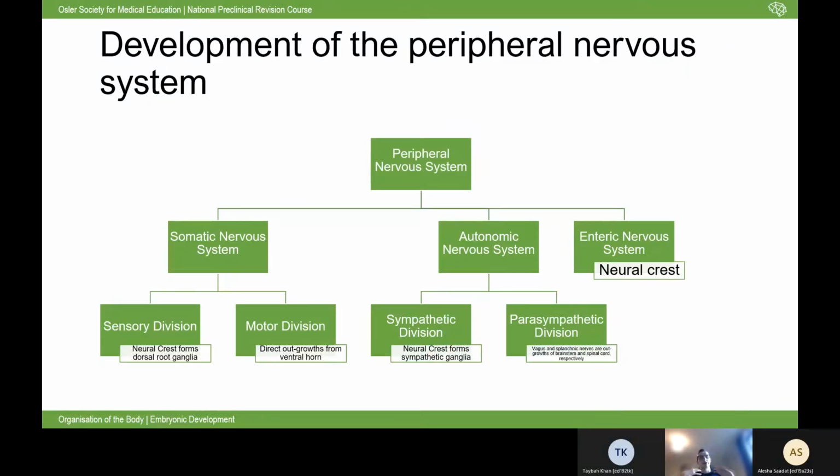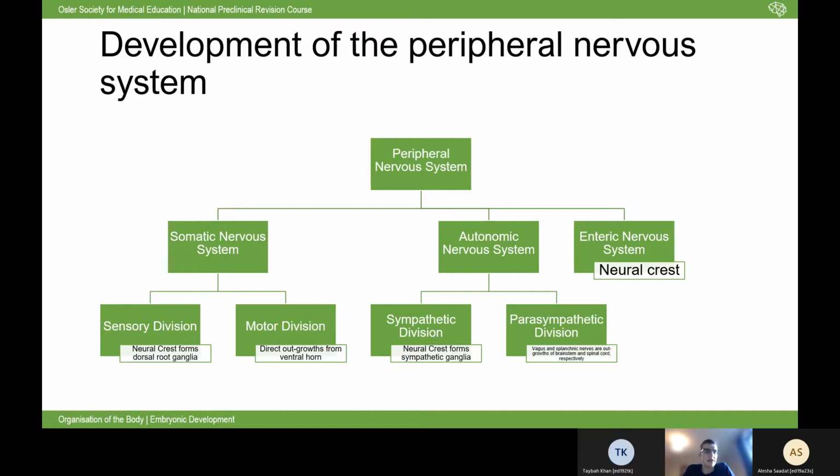Thinking in this area again, I would invite you to think about where peripheral nerves are coming from. So we've talked about the neural tube as the central nervous system, the brain and the spinal cord. Where are our peripheral nerves coming from? Well, our somatic motor nerves are direct outgrowths from the ventral horn of the spinal cord.